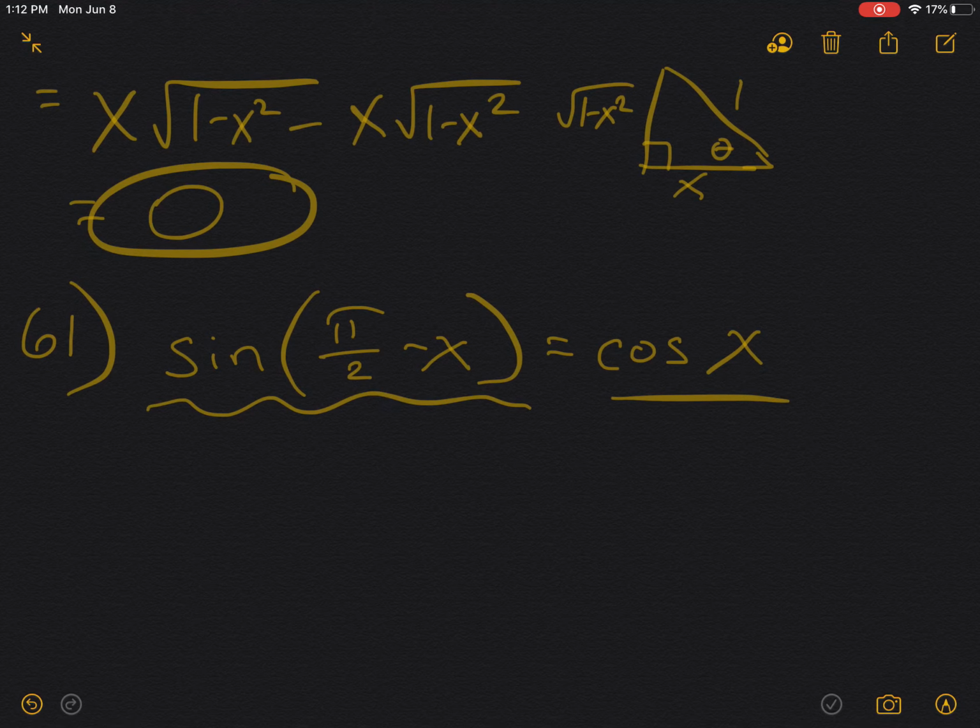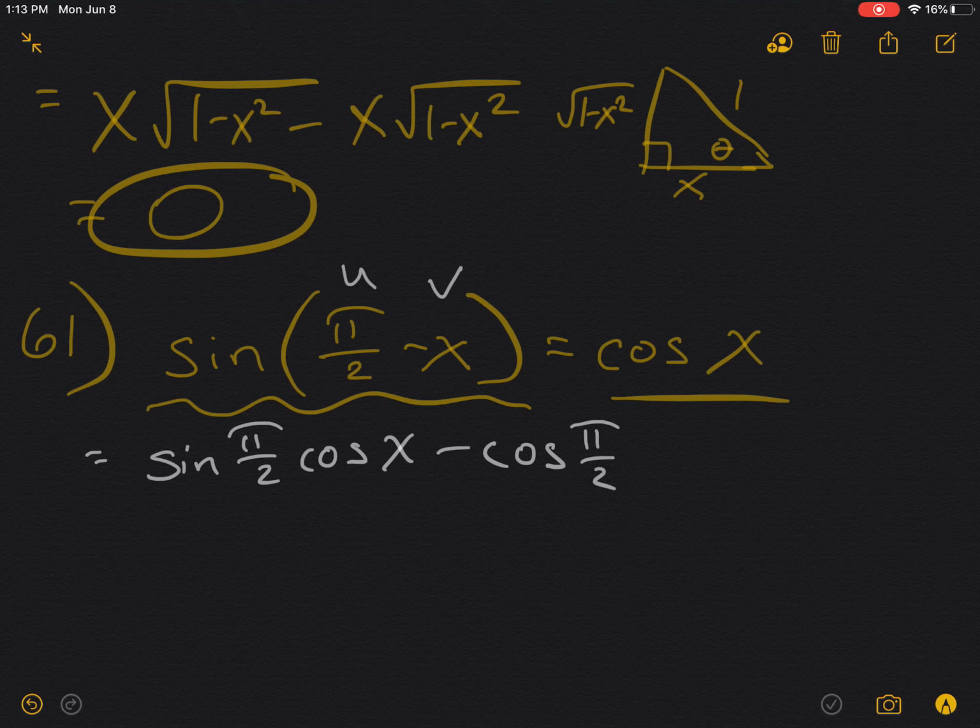So right here, this is, again, just applying the formulas. So if you look at your formula for the difference of sine, I'm just going to insert these values. So that would be sine of pi over 2 cosine x minus cosine pi over 2 sine x.